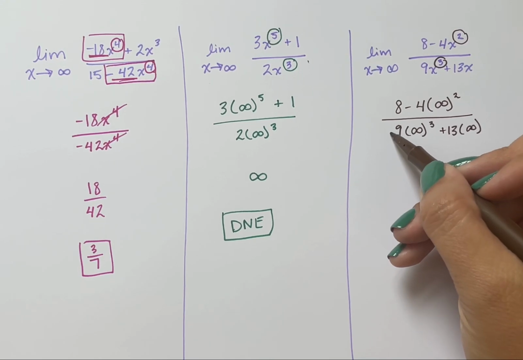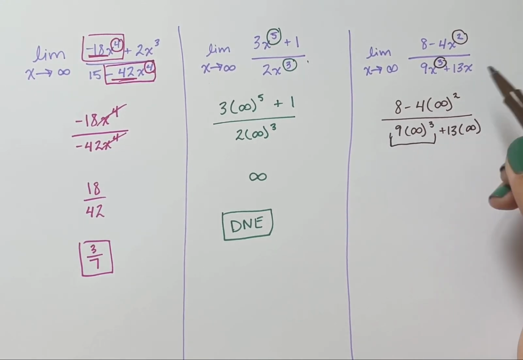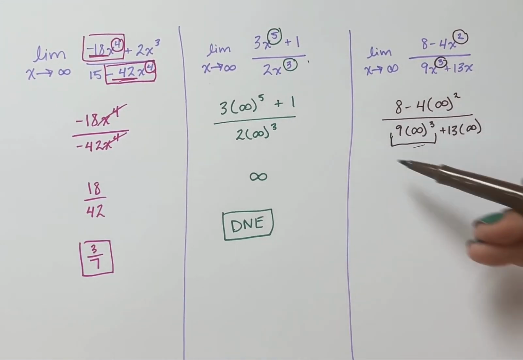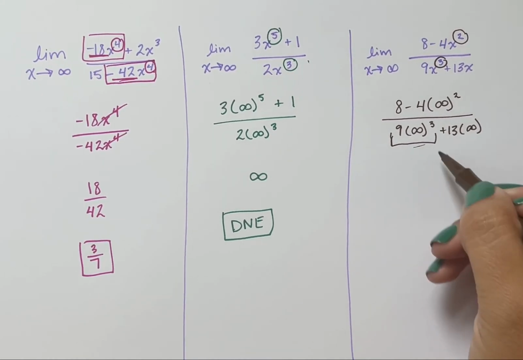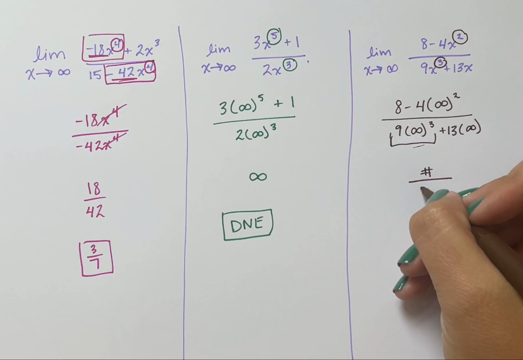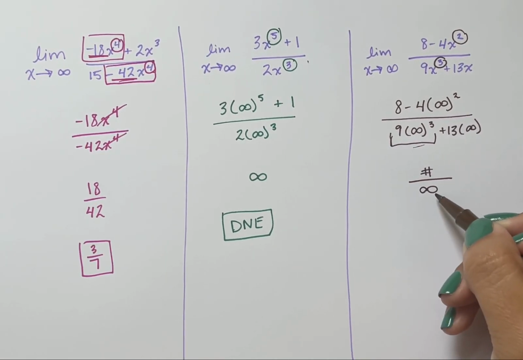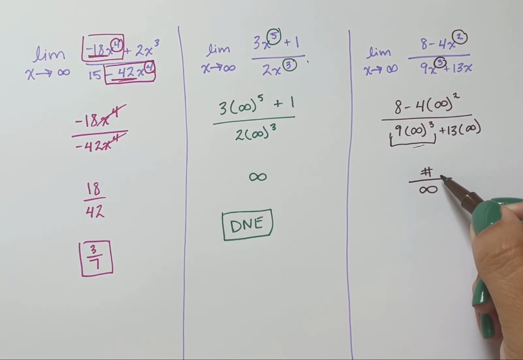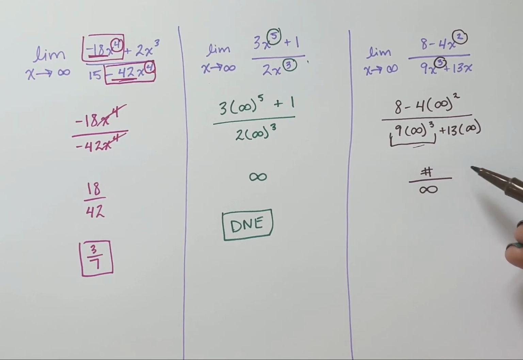So this infinity here is really taking over the expression as a whole, which means this is really going to some number over infinity. So this denominator is going to be much larger than what is in the numerator.